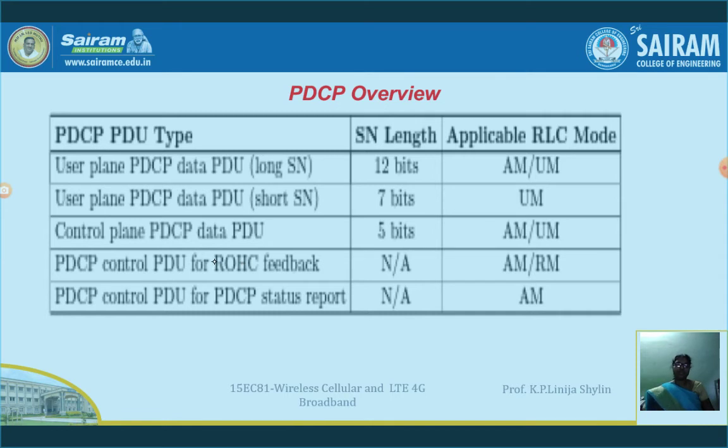And the control plane data PDU is 5 bits. This is used with either acknowledged mode as well as unacknowledged mode. Then robustness is presence or absence, yes or no, whatever is required, right? Then we will go for the control plane.